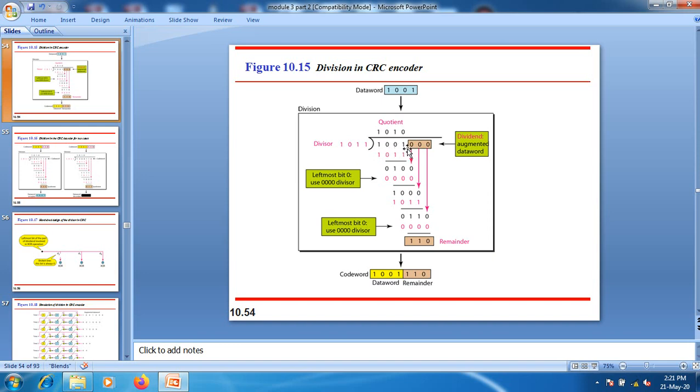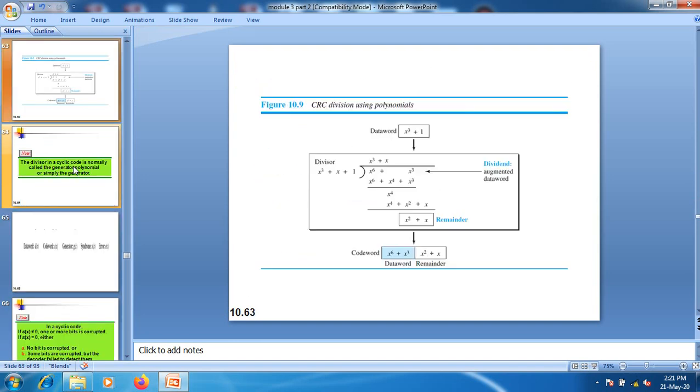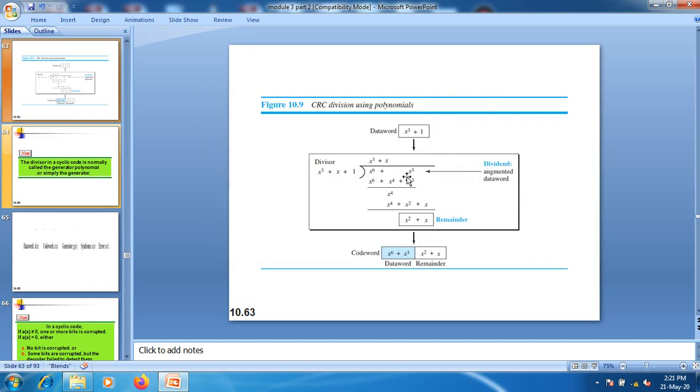After appending zeros, once you augment it, what augmented data word are we getting here? 1001000. This particular information can be represented using the polynomial expression x to the power 6 plus x to the power 3 here.